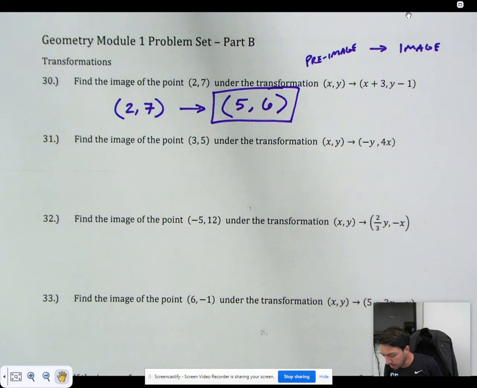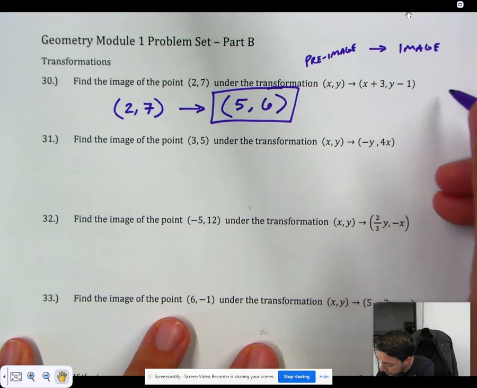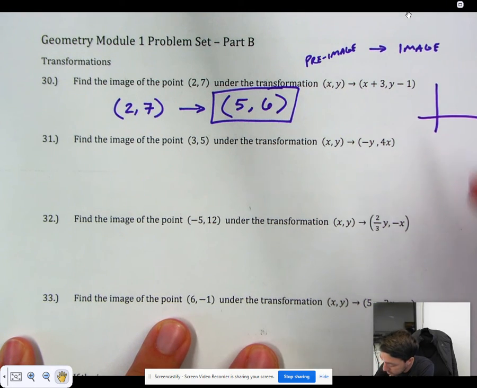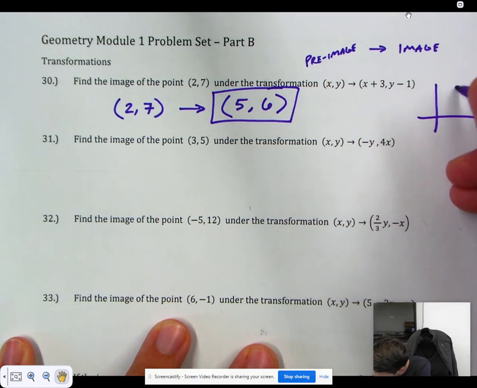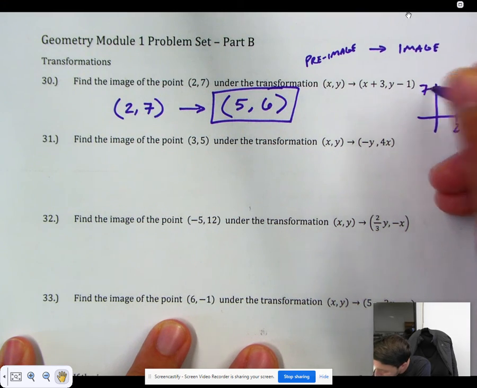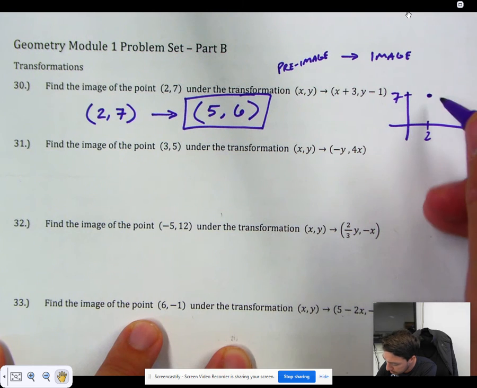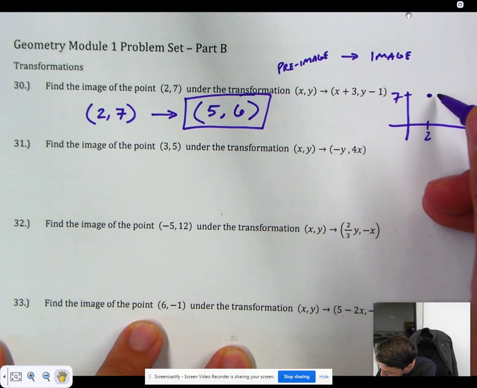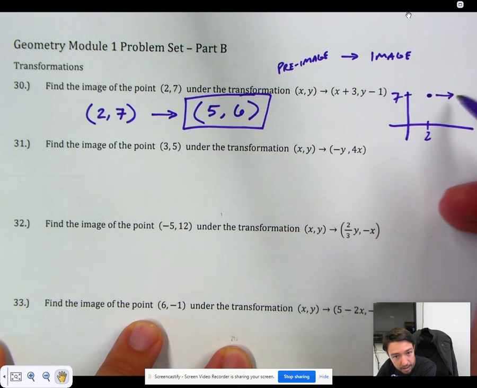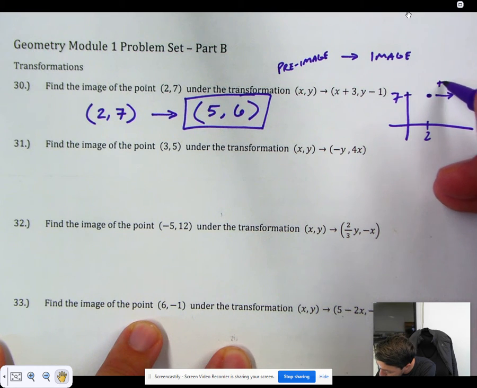Now, if you want, you can start thinking about what that means visually. Well, imagine that a point on a graph was at 2, 7, and we actually did this to it. What would happen if you add 3 to the x value? Adding 3 to the x value would shift it to the right 3 units. So there's our plus 3.